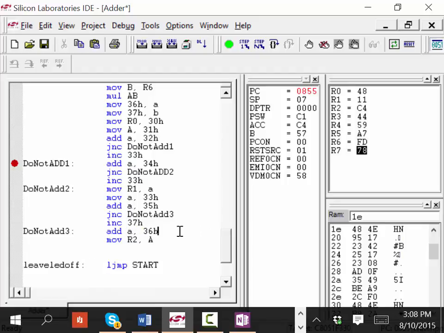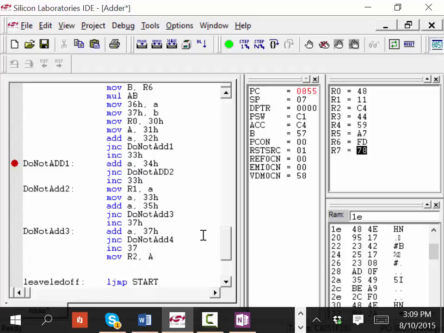And we do the same thing, we repeat this again. Jump, no carry, do not add. And this should increment location 37. Okay, let's look to see what I did here before we test it.